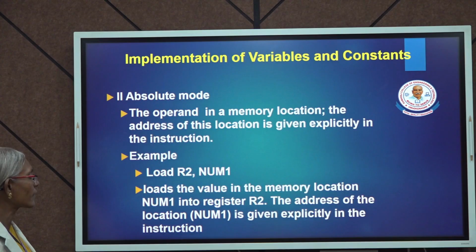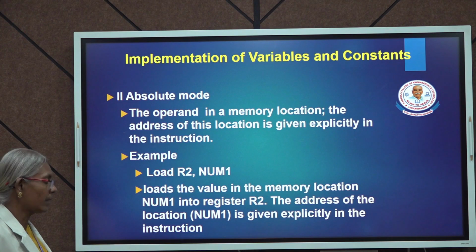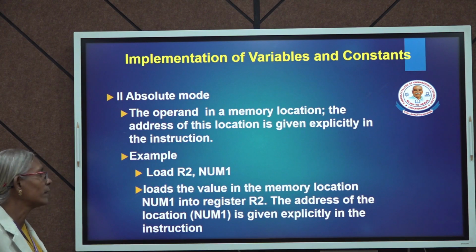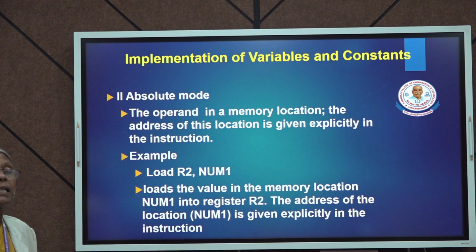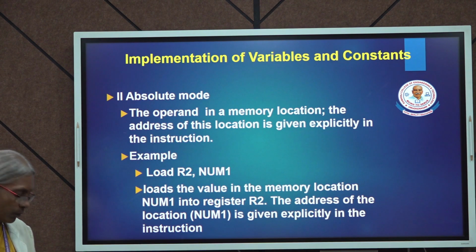This instruction copies the data from the memory location NUM1 to the register R2. Here the address of the operand NUM1 is given explicitly in the instruction, and we can say this particular instruction uses absolute mode.